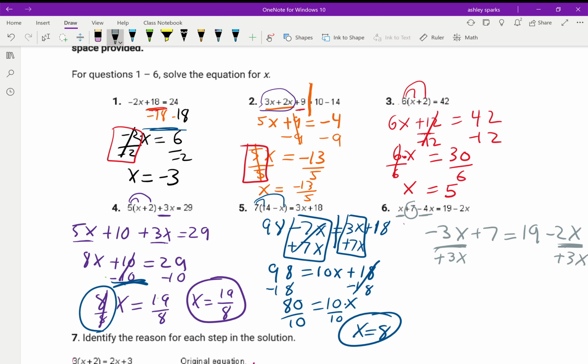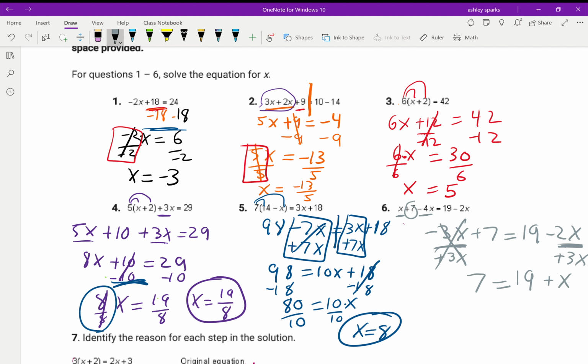So if you hate dealing with negatives, it's my recommendation to add the bigger number. So -3x plus 3x, bye-bye. And I get 7x equal to the 19. And I have -2x plus 3x. So 3 minus 2 would give me just a plus x.